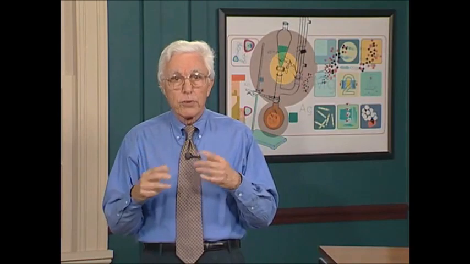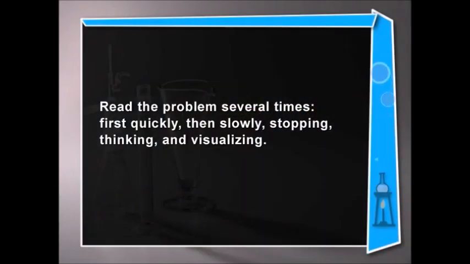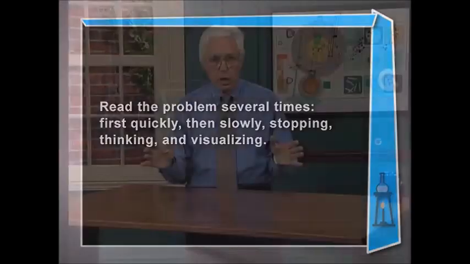So when you're presented with a problem that is not immediately obvious, you do this. Read the problem several times, first quickly and then slowly, stopping, thinking, and visualizing as you go along. Literally, close your eyes and try to picture what you see in that problem. Picture the students, picture the rooms, picture the students per room.